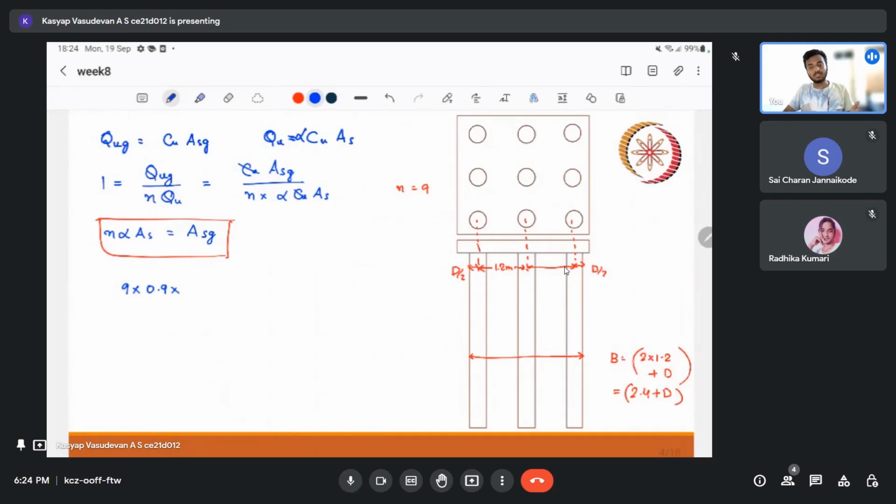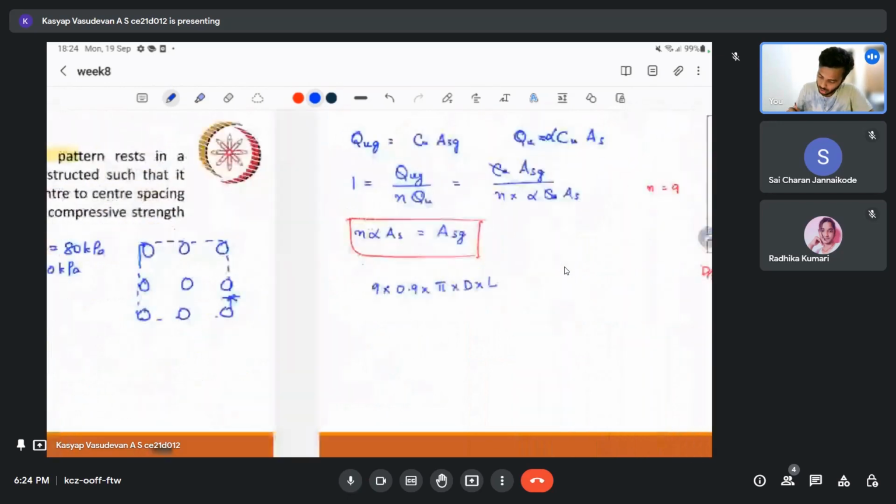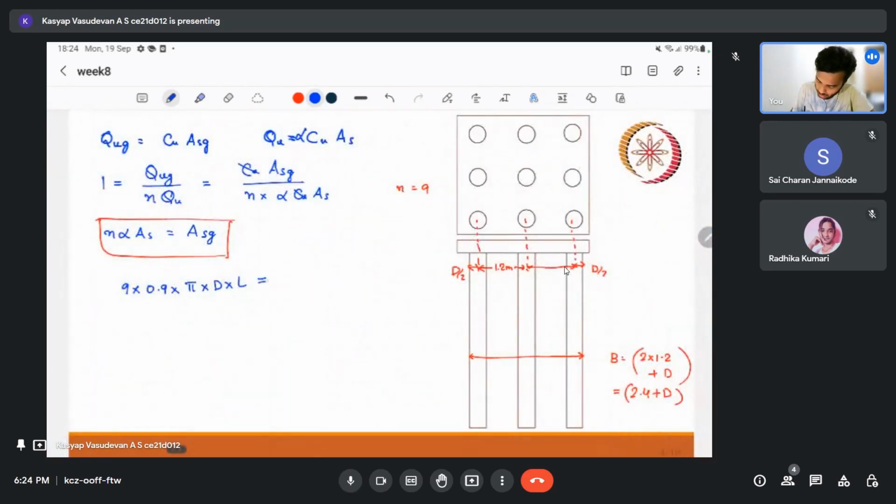The area subjected to the skin resistance, that is the shaft area, is nothing but pi d L. So pi into d into L. Do we know L? Actually we need not know L, because L will be there on the RHS also.